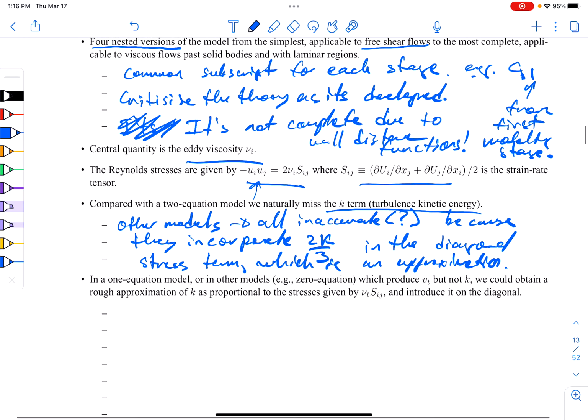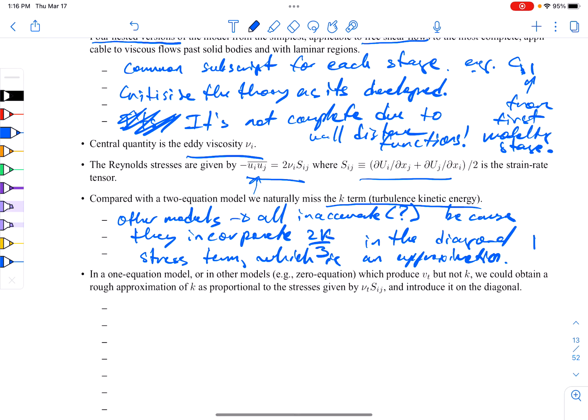Okay. And this is based on their own DNS simulations from NASA Ames. And they reference these in their paper.